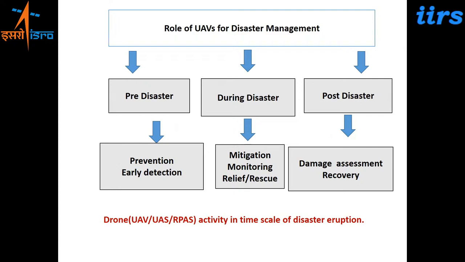So regardless of the type of disasters or emergencies that occurred, what is required is a process of practice. Disaster management basically would require a practice or a process which will include mitigation, preparedness, response, and recovery. So here, drones have an important role to play.